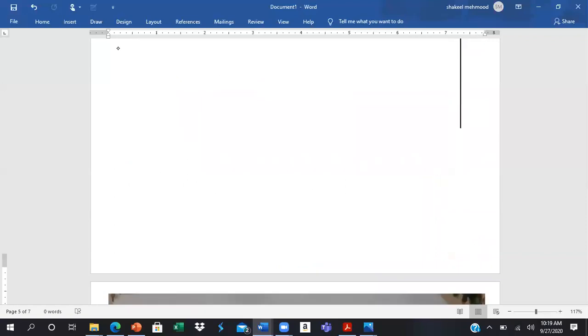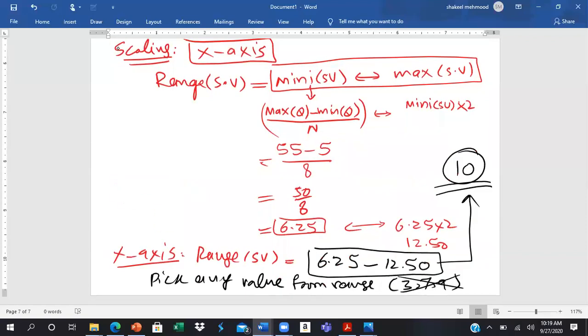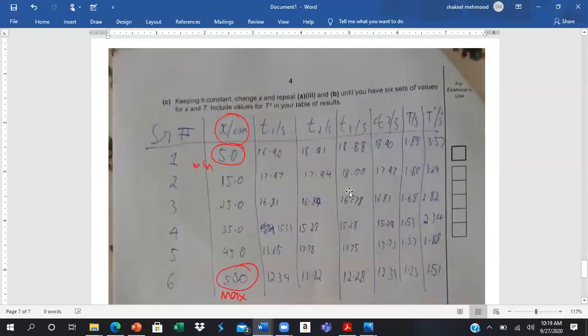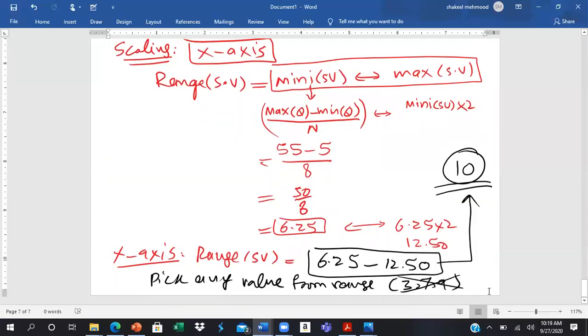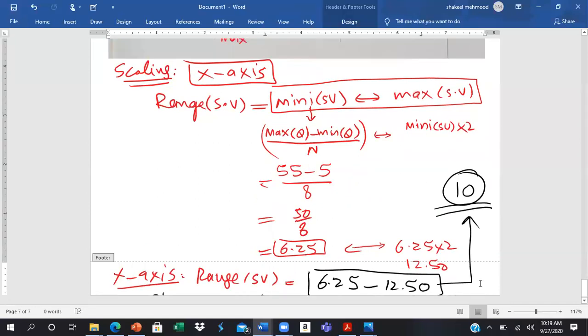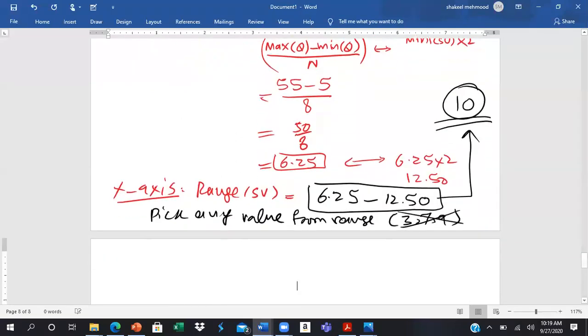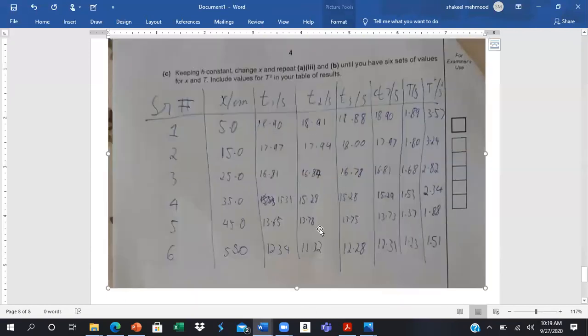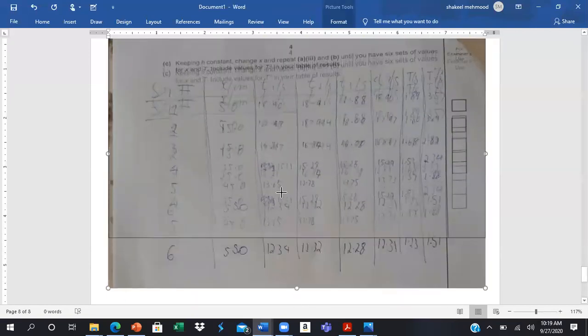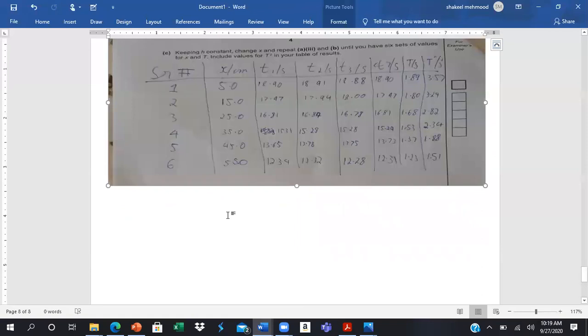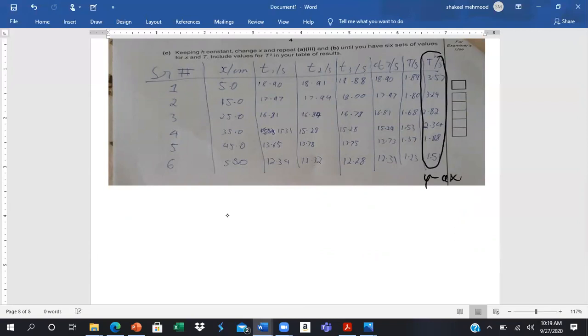Okay, now I have to look for the scale value along y-axis, right? I'm going to use this diagram again. For y-axis, these are plotted along y-axis.